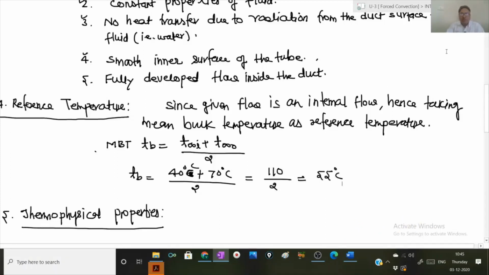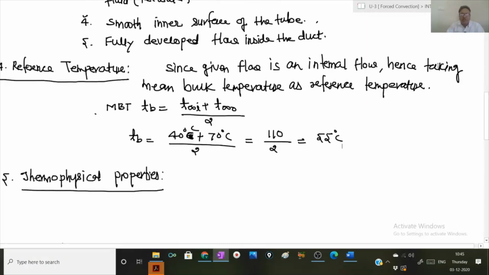So mean bulk temperature, that is reference temperature, is 55 degrees Celsius.